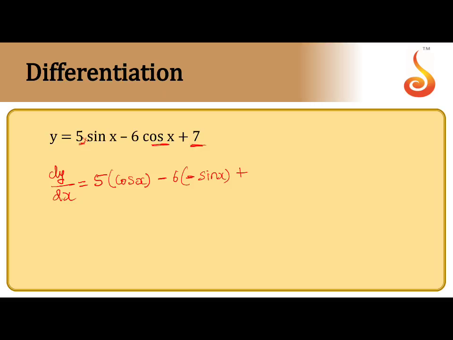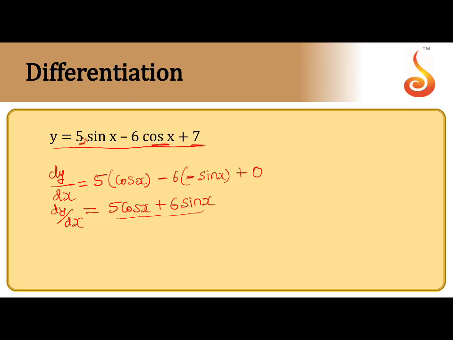For a pure constant, the derivative is equal to 0. This will be 5 cos x, minus into minus, plus 6 sin x. So if y depends on x like this, for a small change in the value of x, the small change in the value of y is given by this equation.